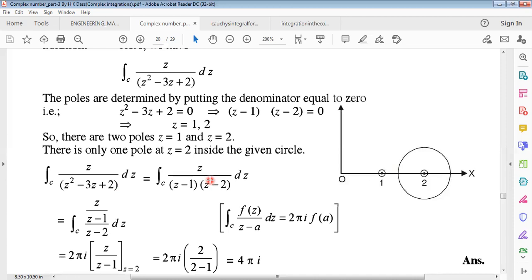And this can be written as the contour integration where we divide by z minus 2 on both numerator and denominator. Dividing by z minus 2, why? Because z equals 2 is the one pole inside the circle. This is why we have to omit the z minus 2 term. Understand?